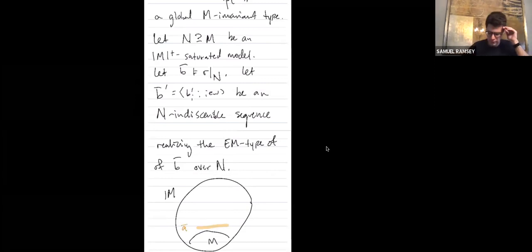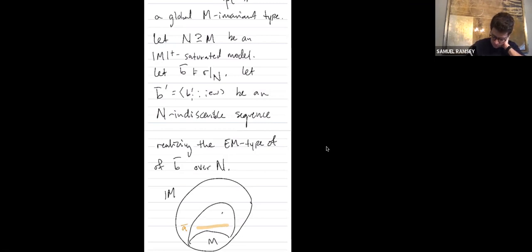So let's just draw the picture. We've got our monster model. Sitting down here, we've got M, and we start at the beginning with some indiscernible sequence, which we are calling A bar. This is the data at the beginning. Then we extend a bit further to get some model N. And we take some sequence that realizes the type of A bar over M. So that sequence, of course, will be M-indiscernible, but there's no reason to believe that it's N-indiscernible.